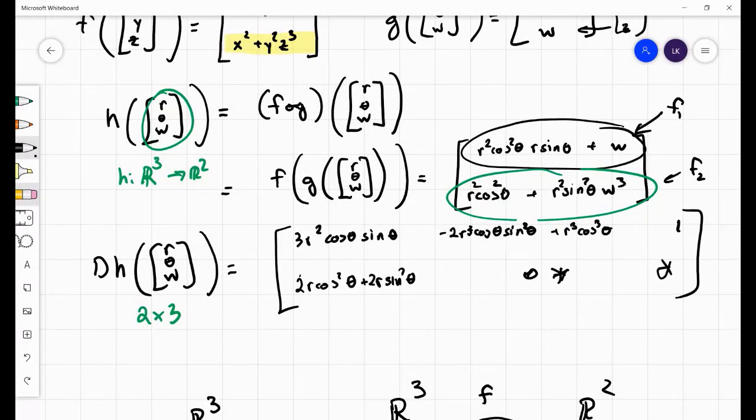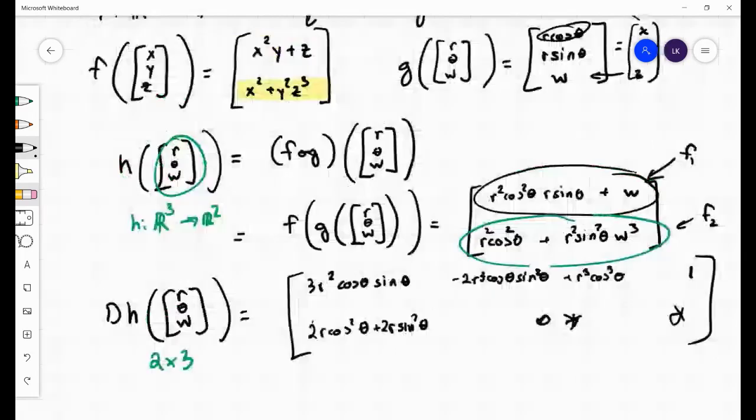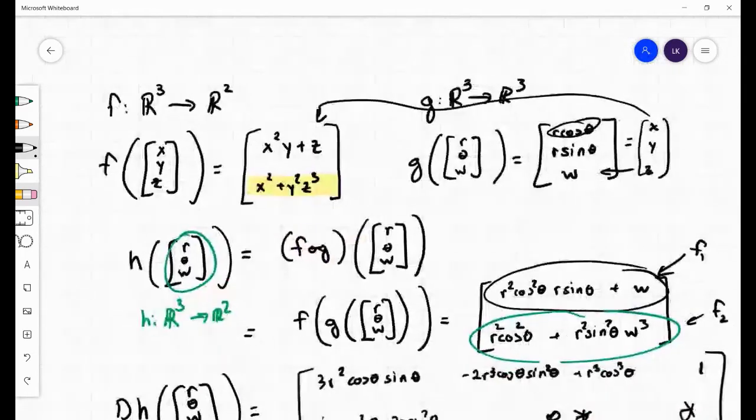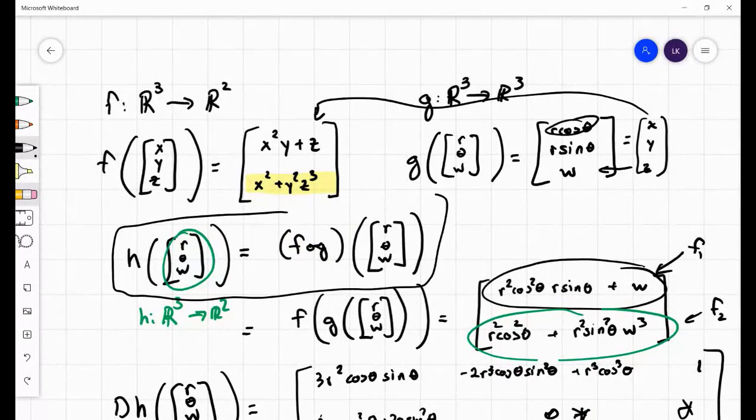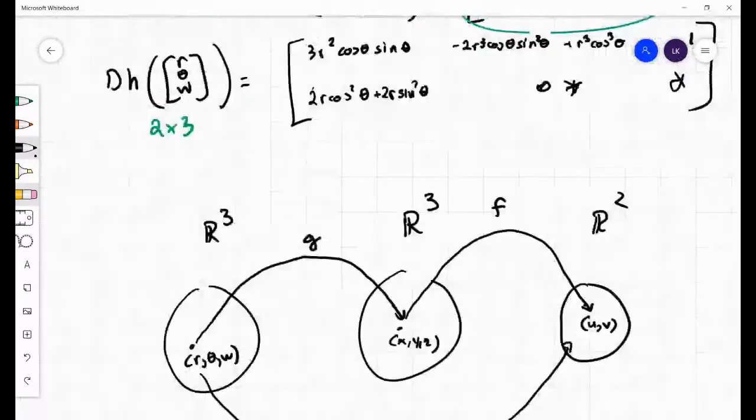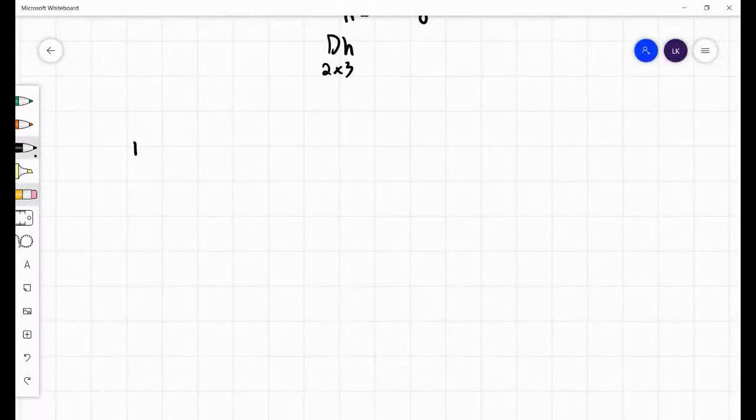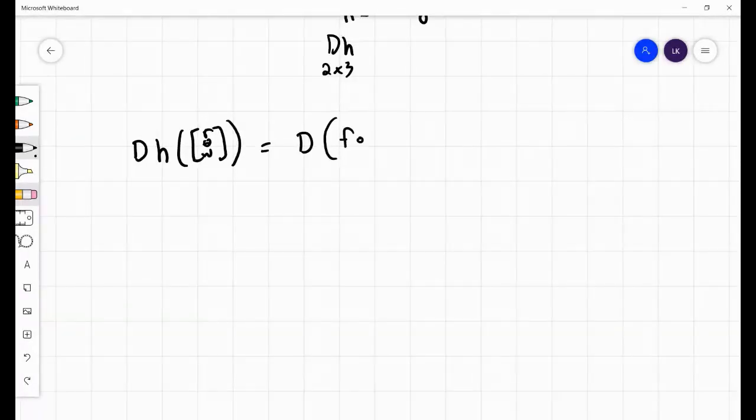But you know what the chain rule does, right? It is used for finding the derivative of a composition of functions. So instead of actually doing the composition like we did and then differentiating the result, the chain rule can be used so that the derivative of h is the derivative of the composition of f with g at a point.